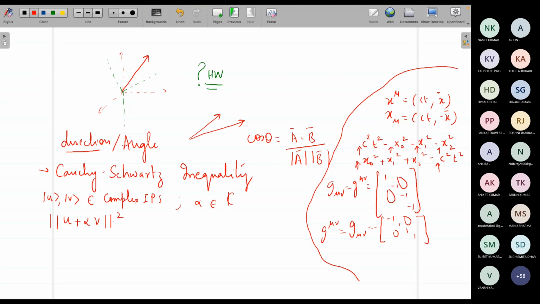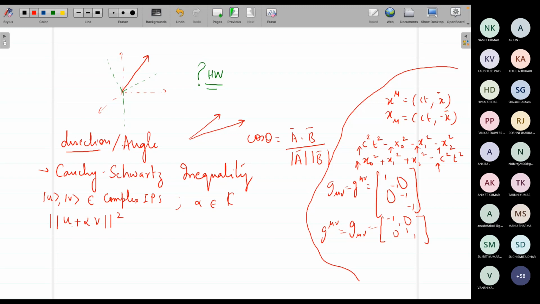Do we have some property for this? Any rule which will tell me something about this kind of a vector? Will u plus alpha v be a part of the complex inner product space? u is a part, v is a part. Will u plus alpha v be a part? Yes, sir. By the definition, this is the vector addition and then the scalar multiplication.